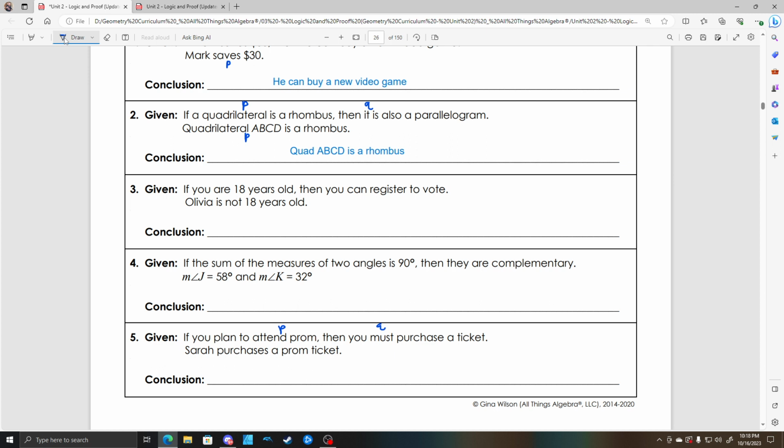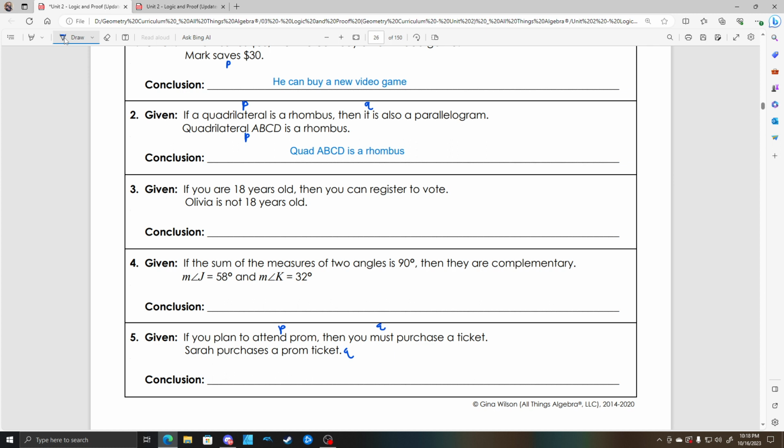No, it's not. So this is actually Q. What they want to trick you into doing is saying that this makes P true. They want you to say that Sarah purchases a prom ticket, therefore she plans to attend prom. That's not necessarily true. I know it sounds logical, but it's strictly not a fact.